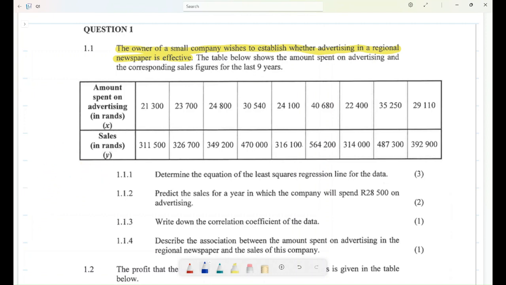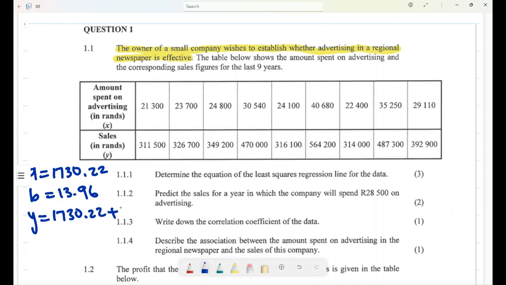I want to believe everyone watching knows how to get that. So you'll get the value of a as 1730.22, and the value of b as 13.96. Then the least square regression line is Y equal to 1730.22 plus 13.96x.